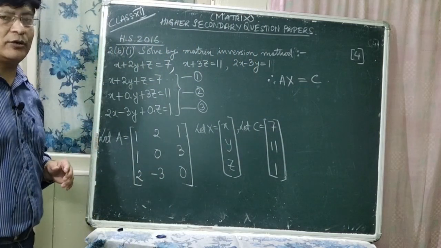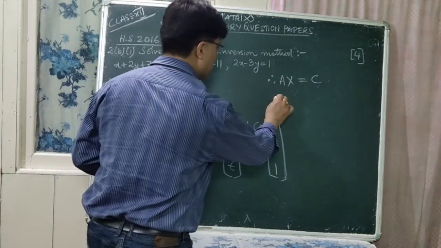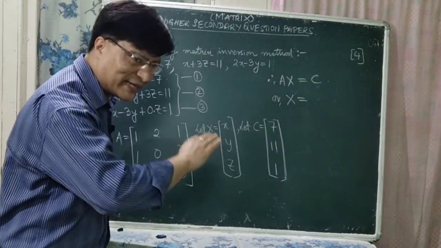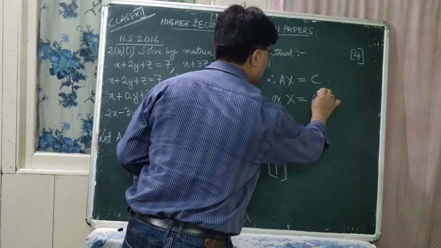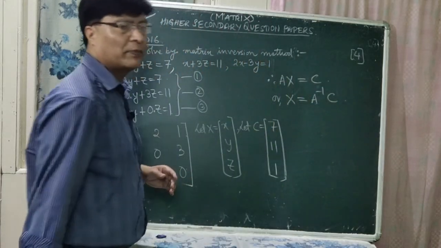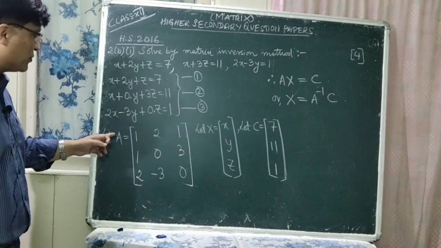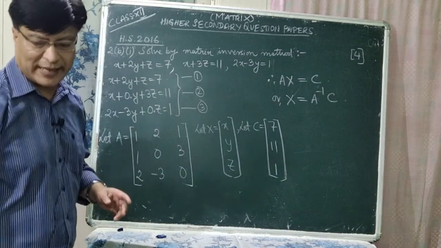So I think you have understood it. Okay. Now next you have to get the matrix X. X is equal to, when this A is taken to the right hand side, what does it become? It is A inverse C. Now we have to get A inverse, that is the inverse of the matrix A.